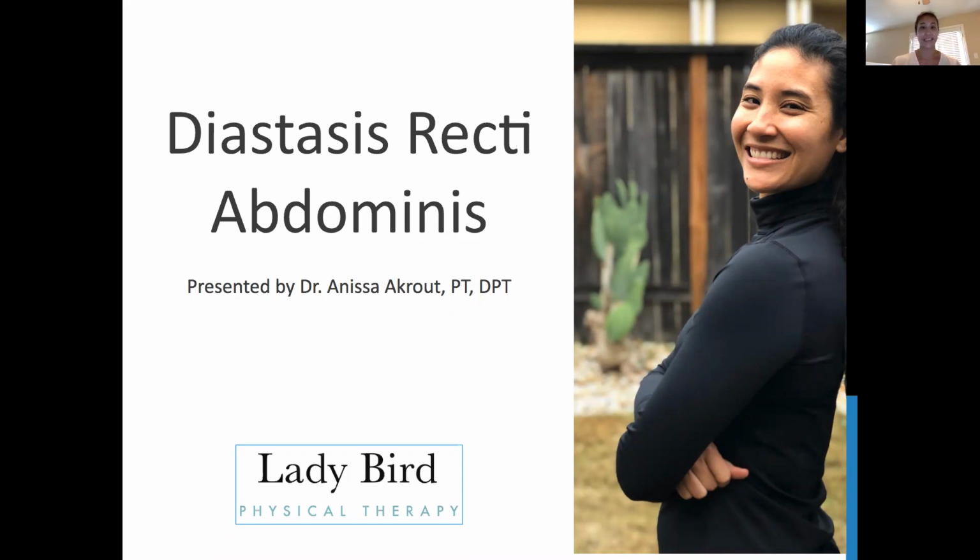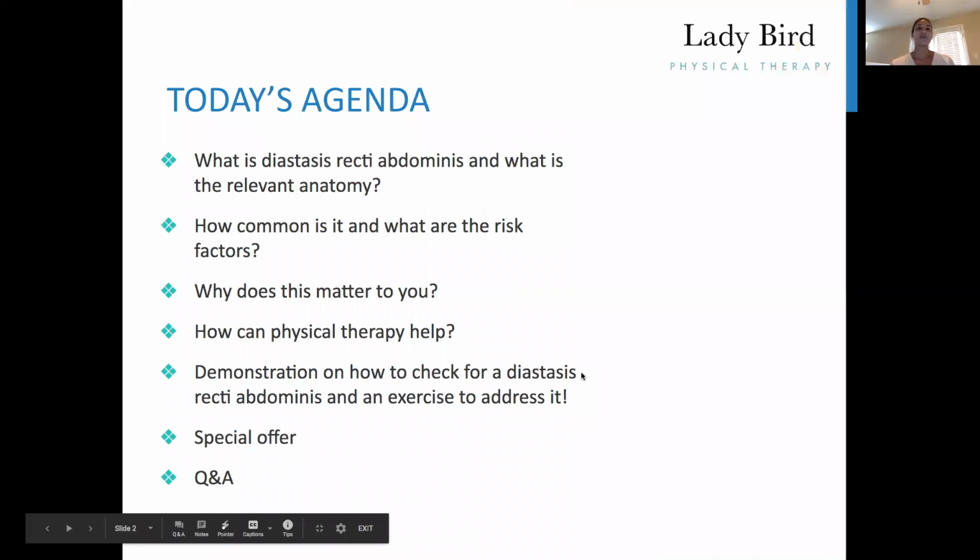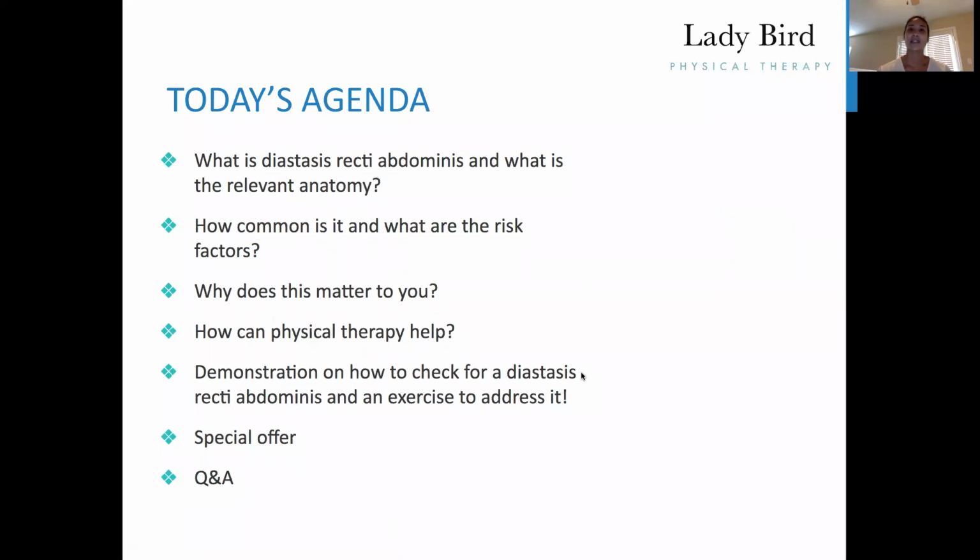All right, I'm going to go ahead and get started. So for today's agenda, first I'm going to talk to you guys a little bit about what is diastasis. So what exactly does it mean, and also what is its relevant anatomy. Then we'll go over the prevalence of this condition, so how common is it, and what are some of the factors that contribute to developing this condition.